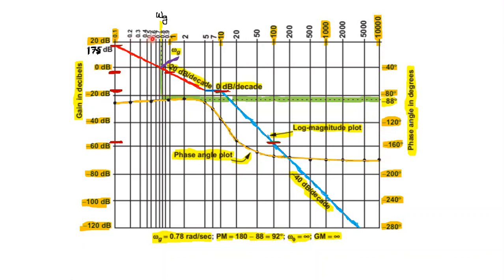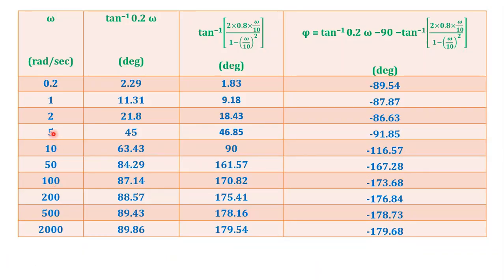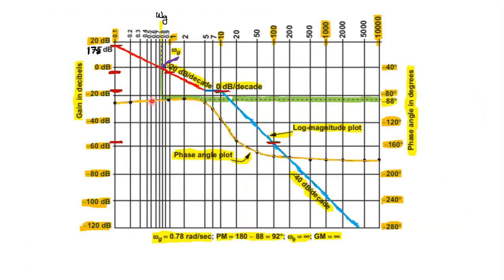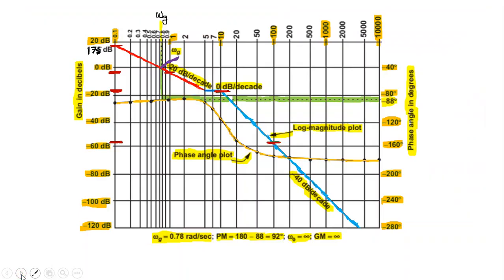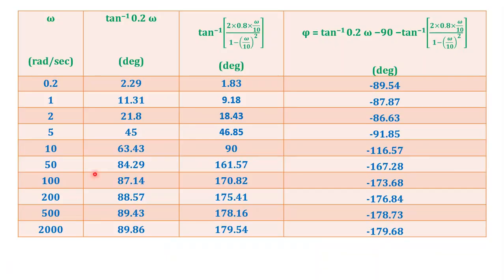For example, corresponding to 5, it is minus 91.